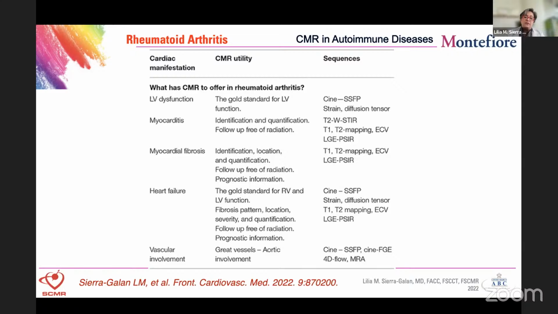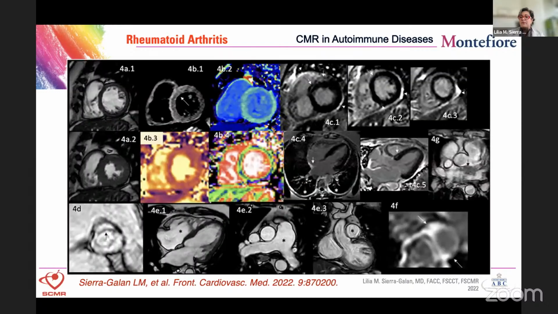And with the vascular involvement, because we are going to be able to see not just with the MRA, but even with the characteristics of the vessels.